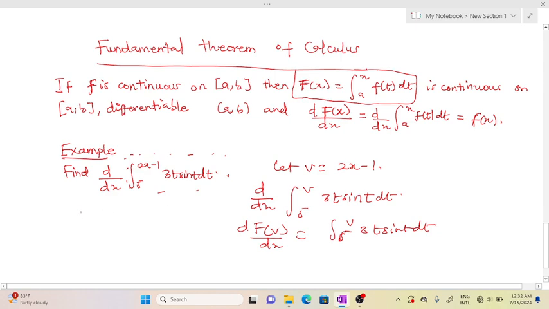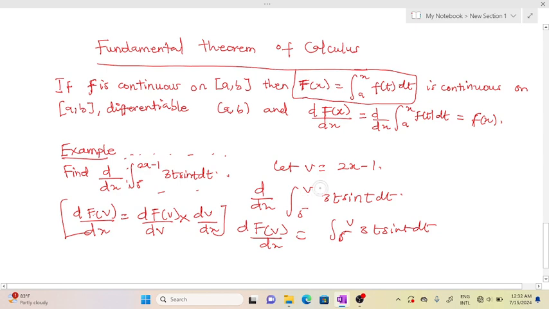So meaning if I want to find dF of v over dx, this should be equal to dF of v over dv times dv over dx, right? So this is a nice chain rule, is that not it?